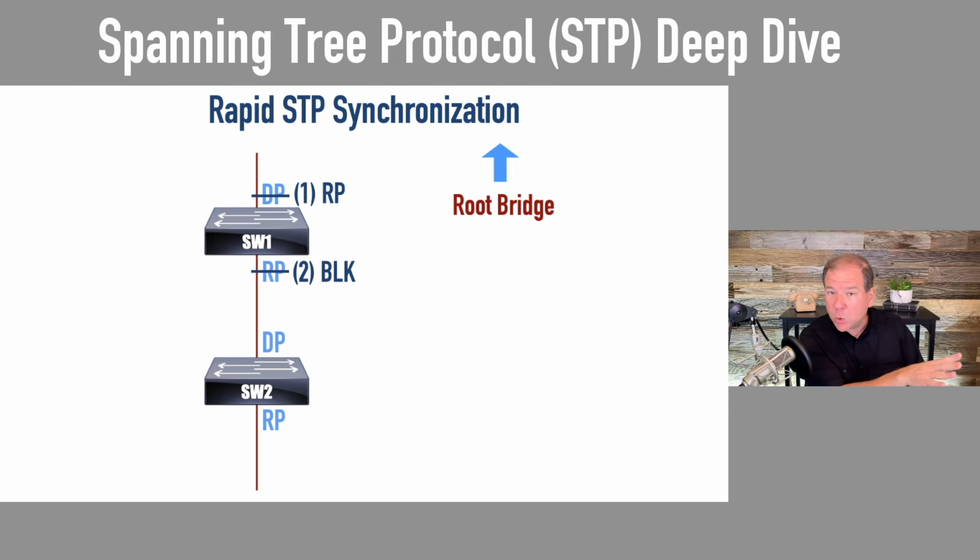Now, just because we're blocking and not carrying user data, that does not mean we cannot send out BPDUs to our neighbors. So we're going to do that. We're going to try to tell switch SW2 and convince them that, hey, the root bridge is now up, not down. So we send what is called a proposal message down to switch 2.